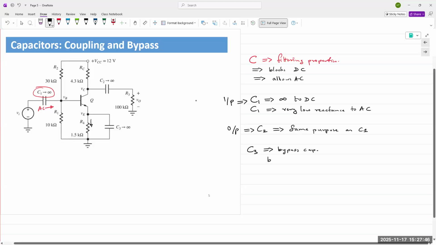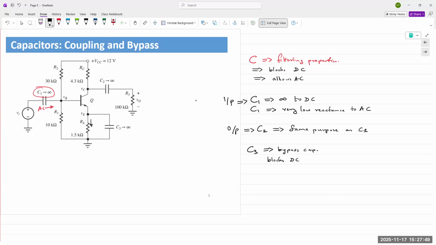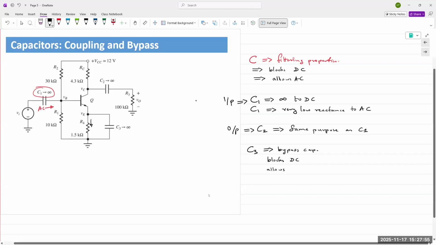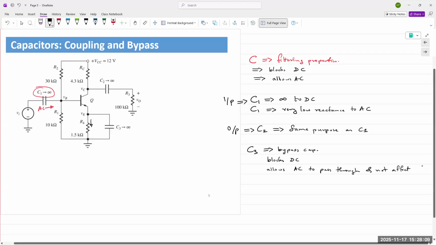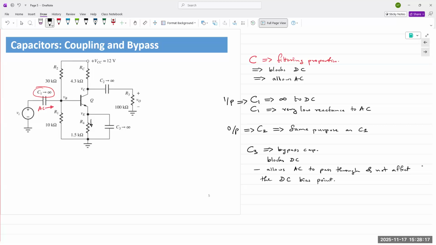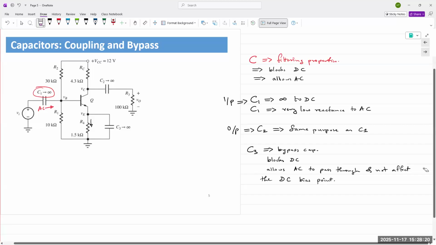So let's say blocks DC and allows the AC to pass through and not affect the DC bias point.